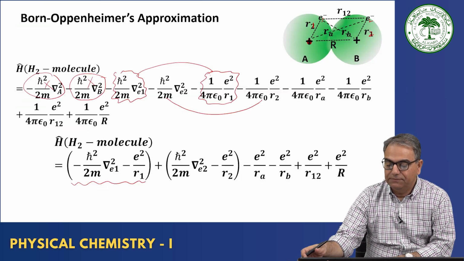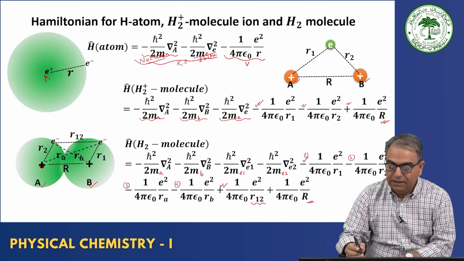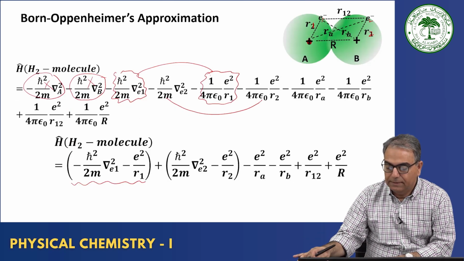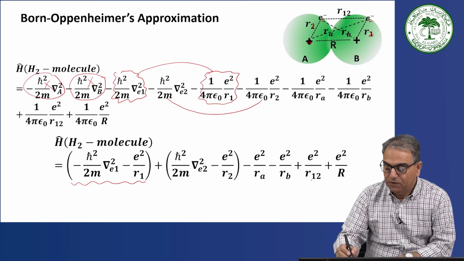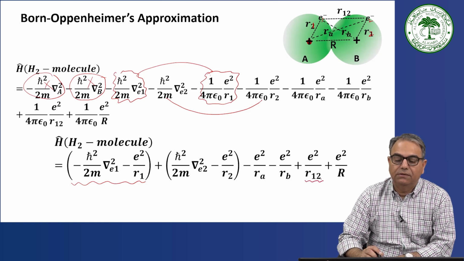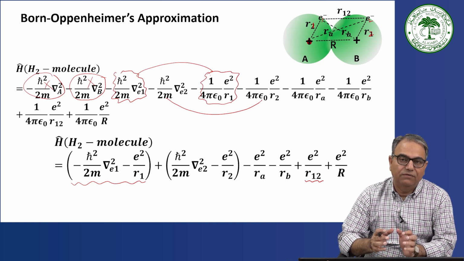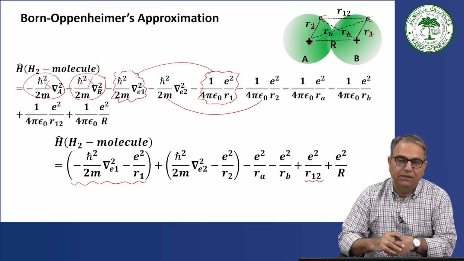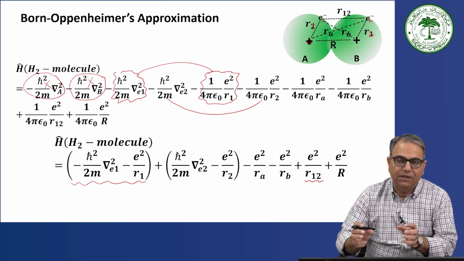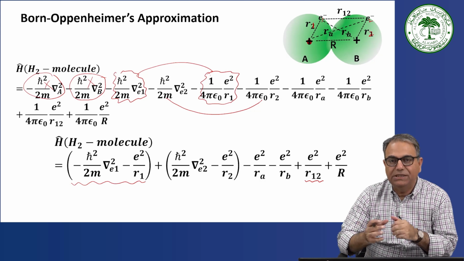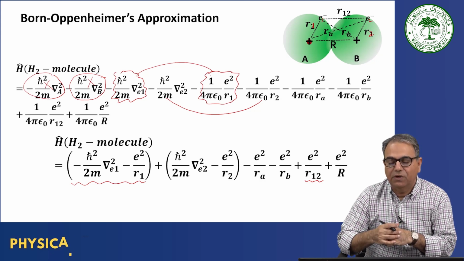Now what happens is that out of these terms, this is something which is not constant. R12 is the distance between the two electrons, and with the knowledge of the previous module, you know that we are talking about electron density, which may change from one time to another.